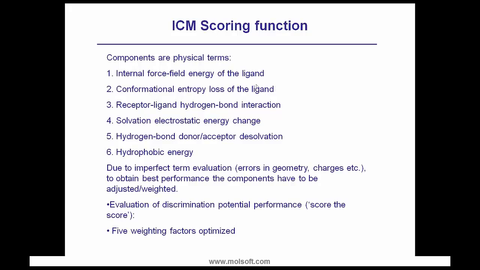So if the pocket ligand is particularly strained, then the score will be poorer. You also evaluate receptor-ligand hydrogen bond interaction, solvation, electrostatic energy change, hydrogen bond donor-acceptor desolvation energy, and hydrophobic energy. So these are the terms in the scoring function.